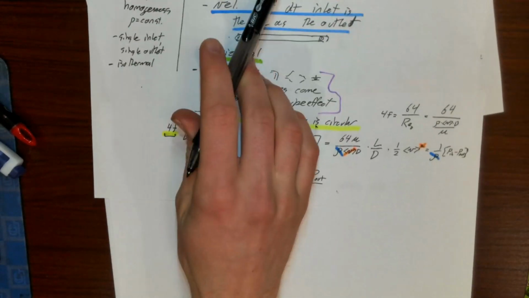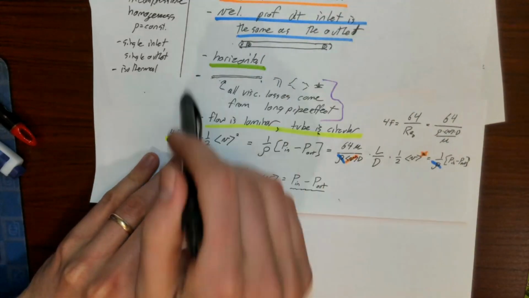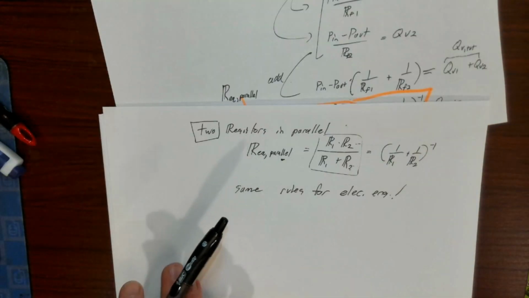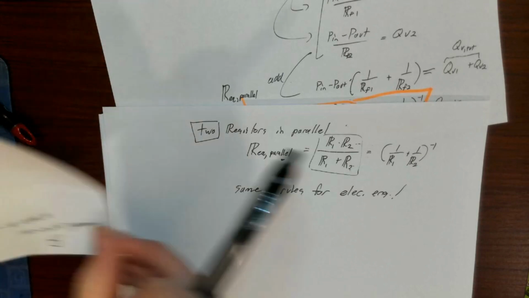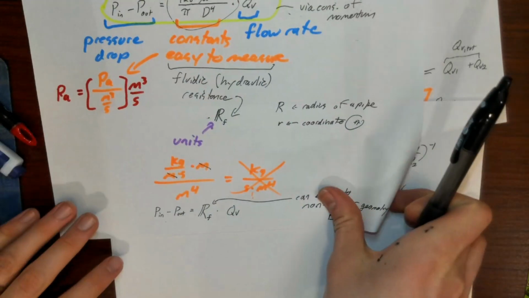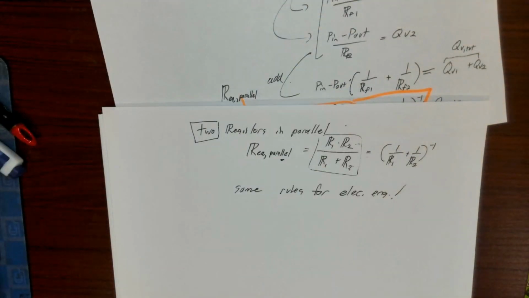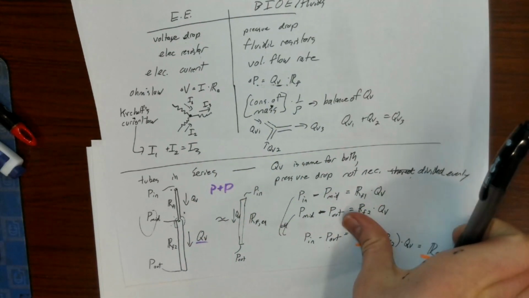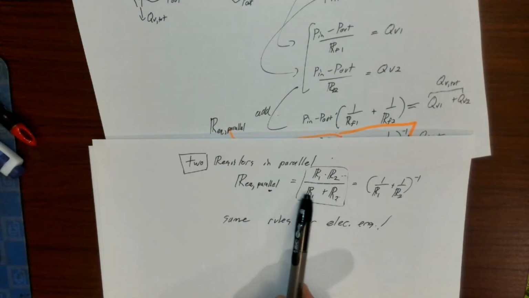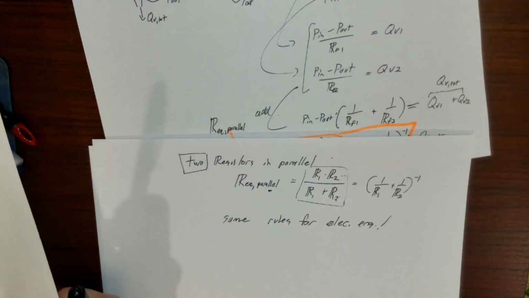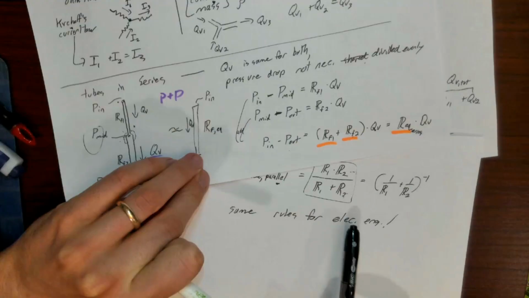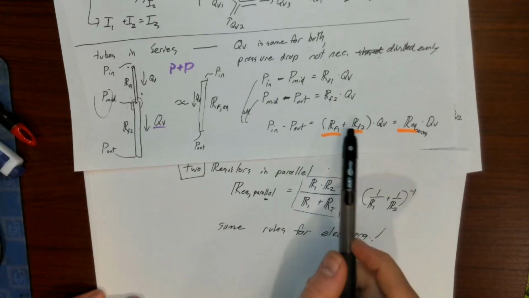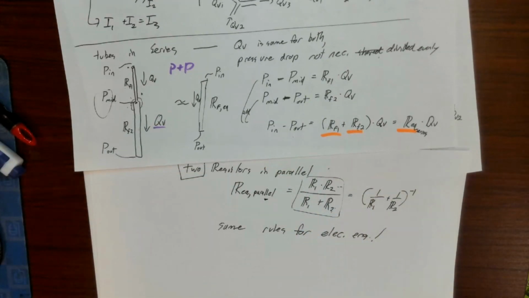But we can take into account all of these assumptions, arrive at fluidic resistances, apply some analogies to electrical engineering, and then use some shortcuts for parallel and series resistors to get to some results pretty quickly.